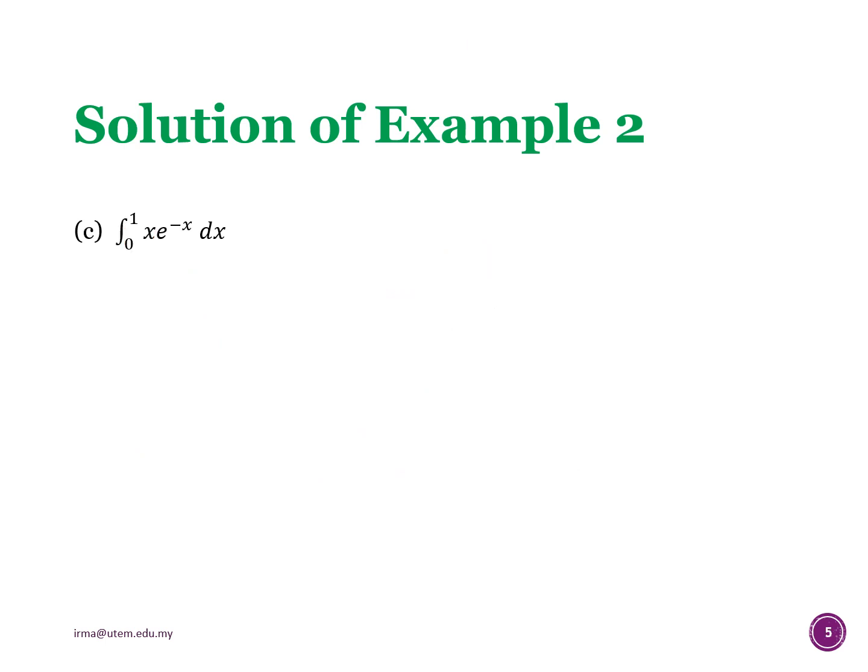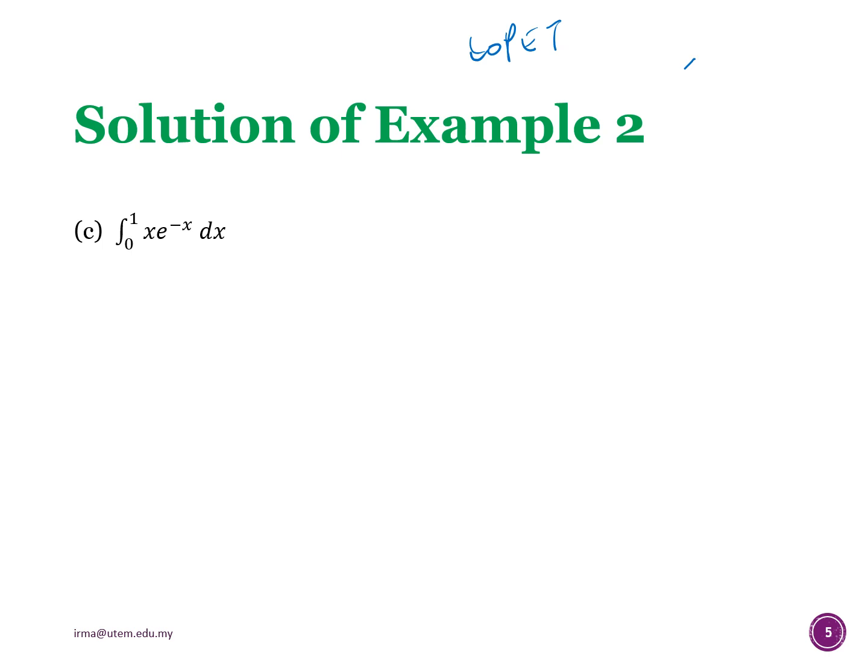Okay, let's move to C. For C, we have a combination also, polynomial and exponential. So we have LOPET just now. Polynomial and exponential, so we will choose the polynomial as u. But the difference from example B just now is we have the limit here.